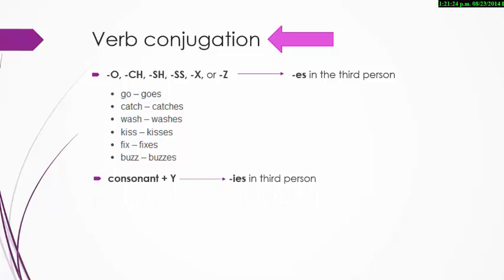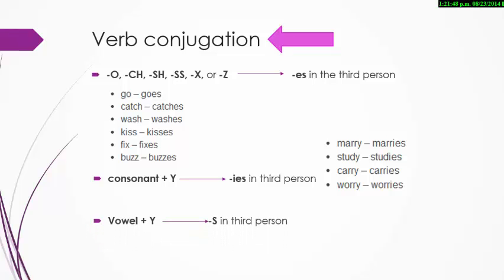For verbs that end in a consonant plus y, we remove the y and add ies in third person. For example: marry, marries; study, studies; carry, carries; worry, worries.